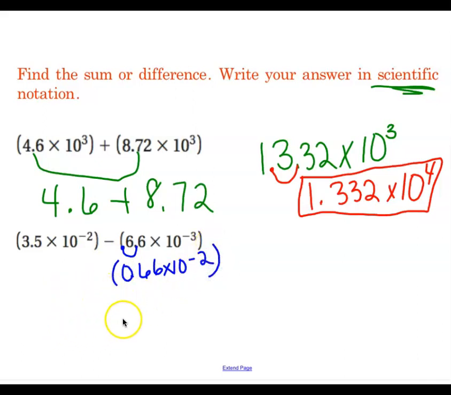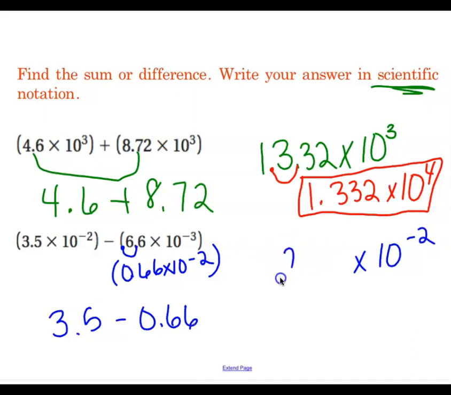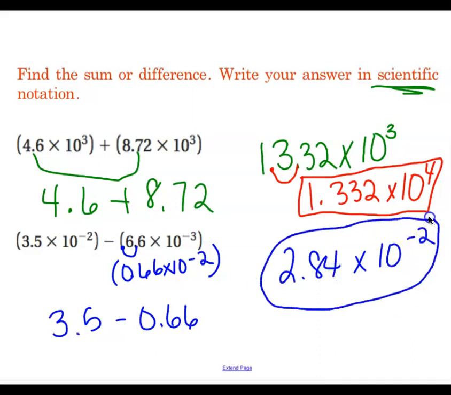And now I can keep my exponent as 10 to the negative second and subtract my factors. So I have 3 and 5 tenths minus 66 hundredths, and I get 2 and 84 hundredths times 10 to the negative second. And that's in scientific notation, so I'm done.